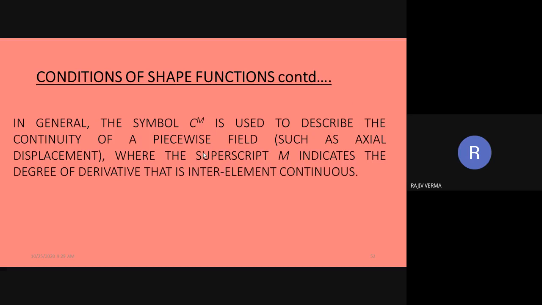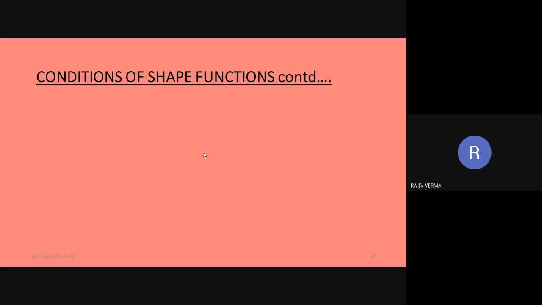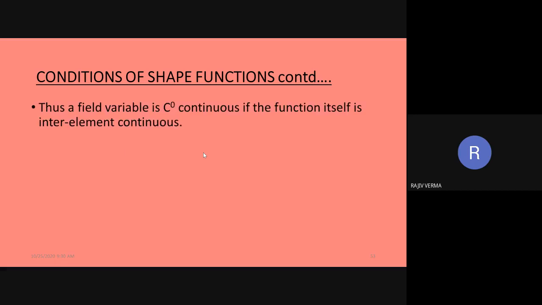In general, a symbol Cm is used to describe the continuity of a piecewise field, such as axial displacement, where the subscript m indicates the degree of derivative that is inter-element continuous. Thus, a field variable is C0 continuous if the function itself is inter-element continuous.